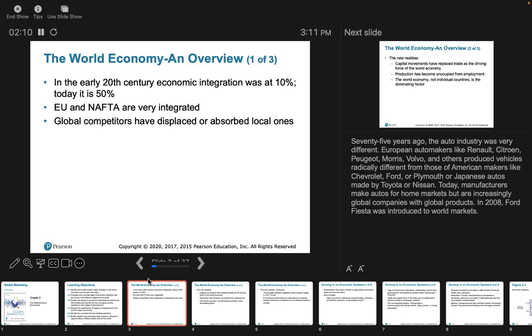So many local companies in different parts of the world struggle so hard to survive and to compete with these companies that have been operating across borders.